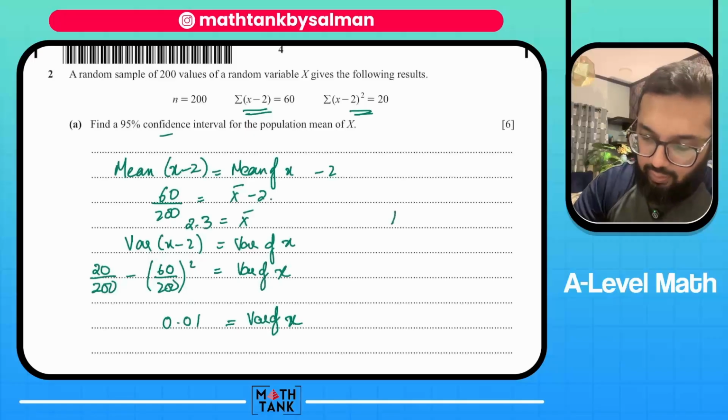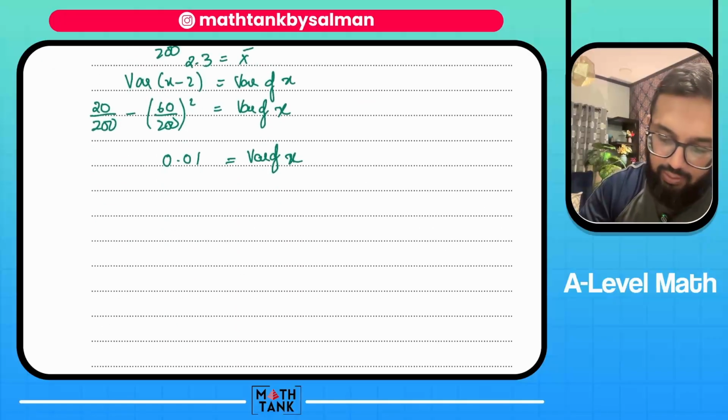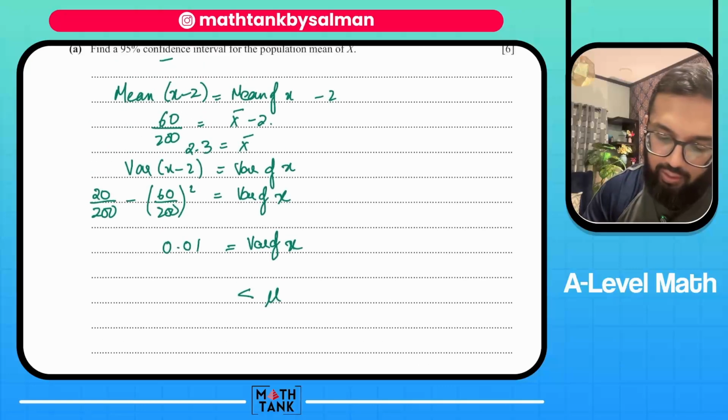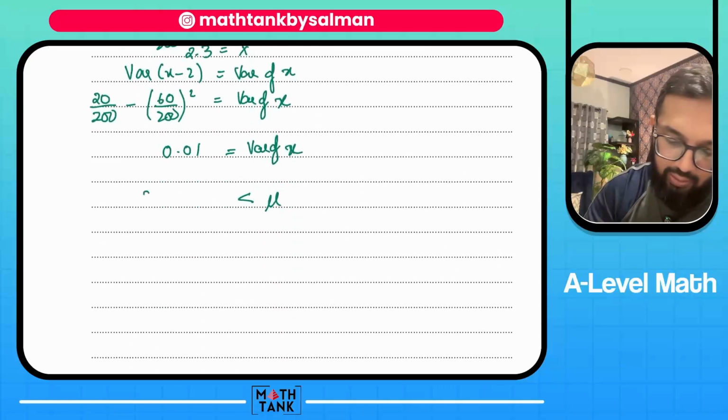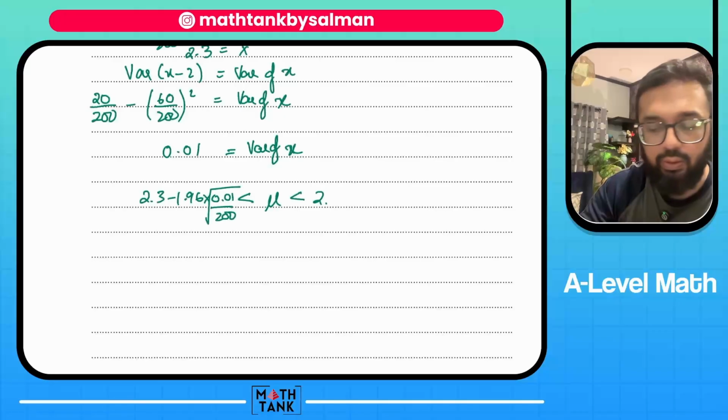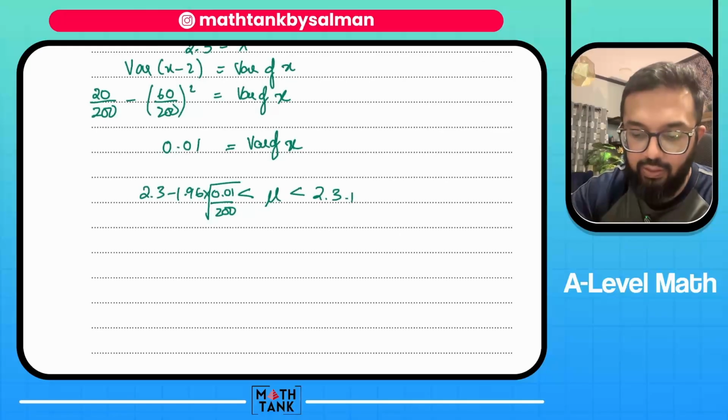So the confidence interval then is x bar, which is 2.3, minus 1.96 times the root of 0.01 over 100, because I've calculated the variance, and 2.3 plus the same.